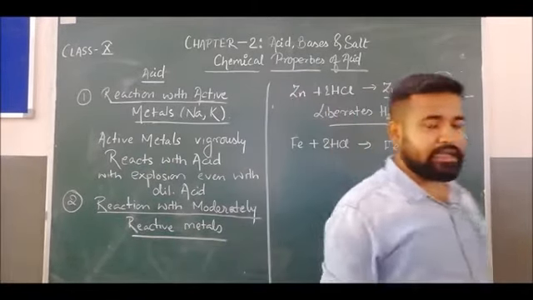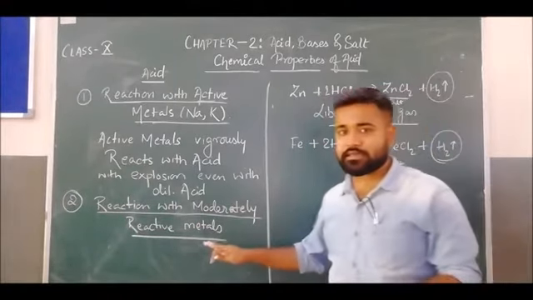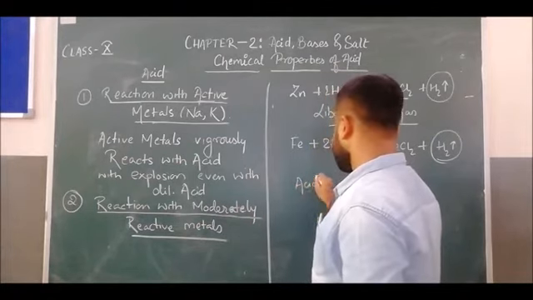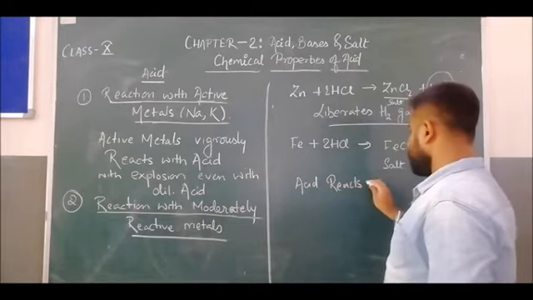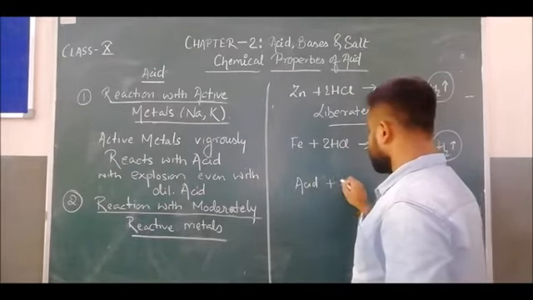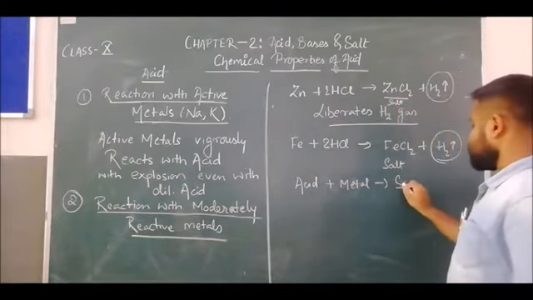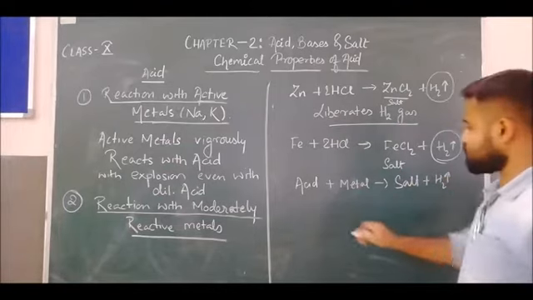So what we can say is that whenever an acid reacts with a metal, we can write: acid plus metal gives salt plus H2 gas.